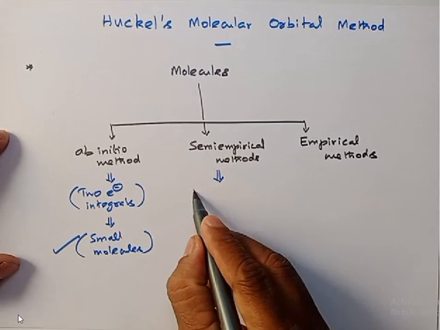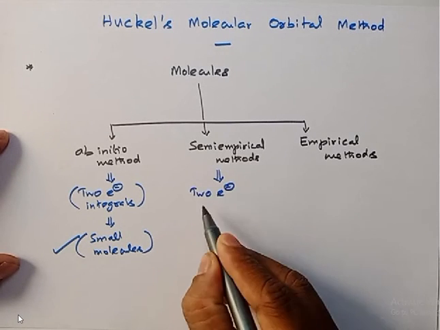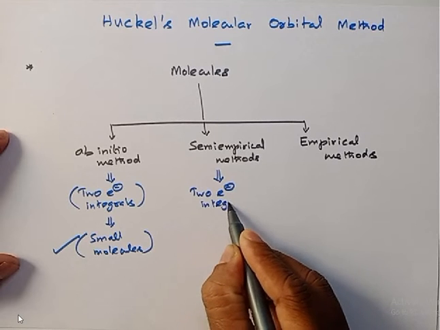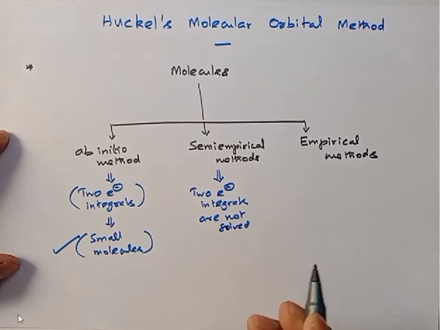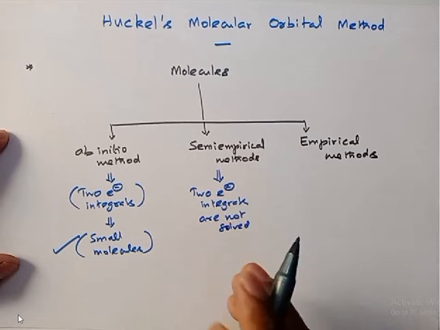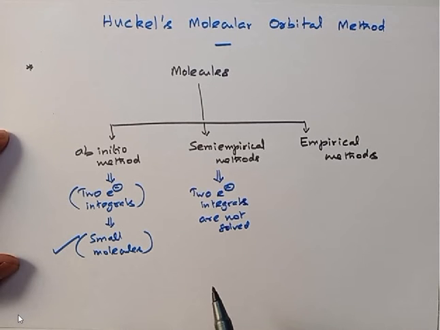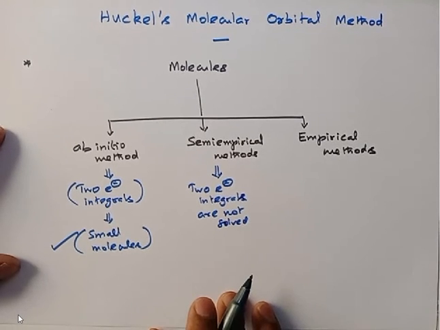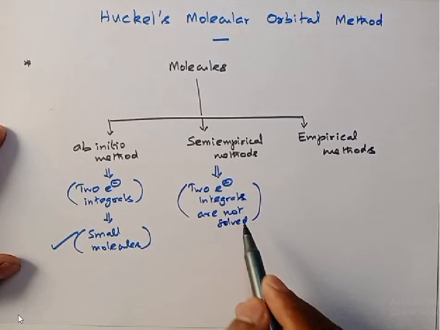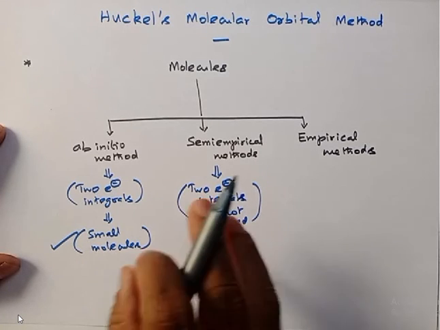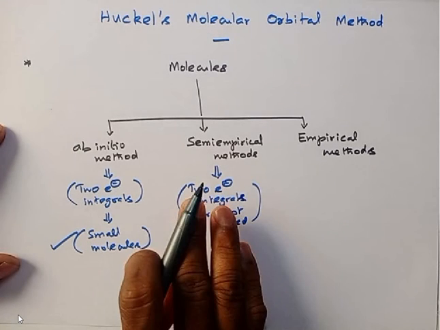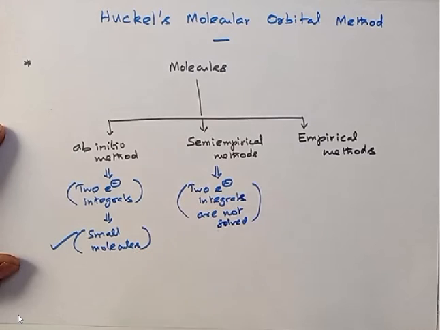So two electron integrals are not solved, but to fit with the experimental data, some values are given in their place. Here we usually neglect the two electron integrals.